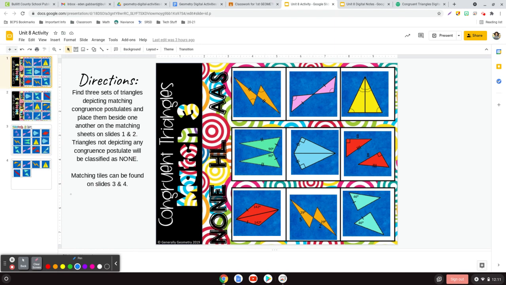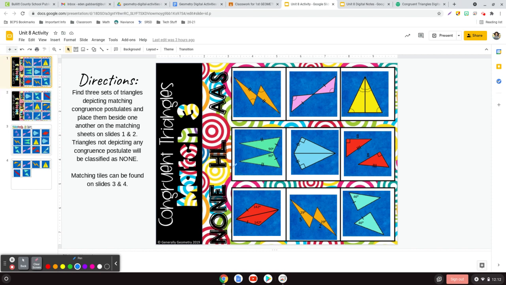For hypotenuse leg, we need to look for right triangles, and we do that by either seeing the triangles that have these boxes in the corners, or like this one is marked 90 degrees in this corner.